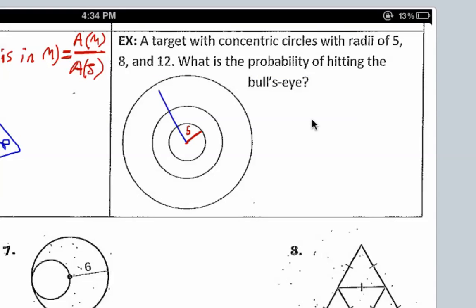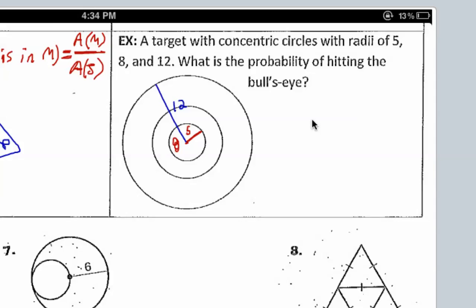So to do this, the bullseye in red is going to be our M from the example over there, and the whole thing is the target.